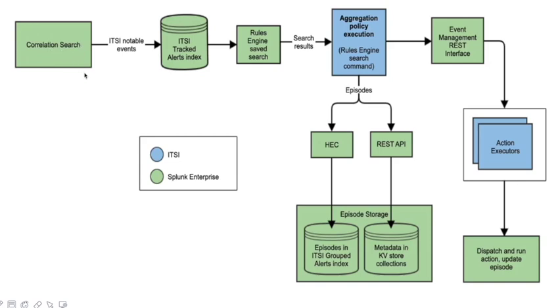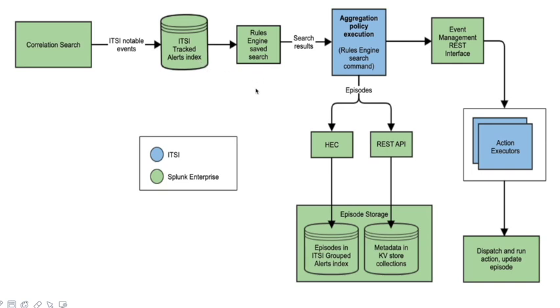The correlation search generates a notable event in ITSI, which is stored in the ITSI tracked alert. So this is the index, and the notable events come over here. The rule engine save search accepts the notable events into the ITSI rule engine custom command.